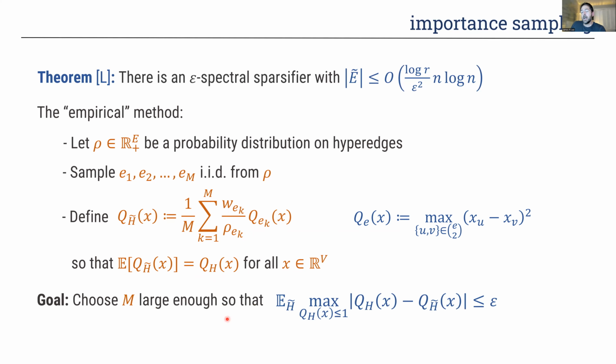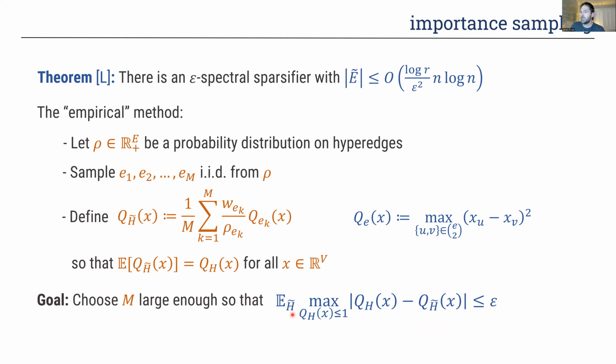And then there's, in some sense, only one thing left to do, which is to analyze how well it worked. So we want to choose capital M large enough, where capital M is the number of edges in the sparsifier, such that this expected maximum is small.